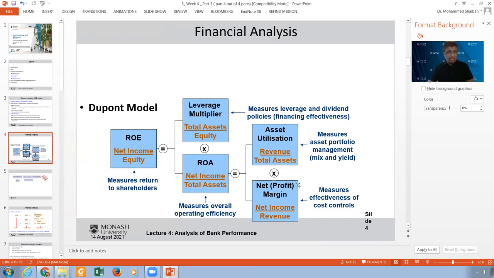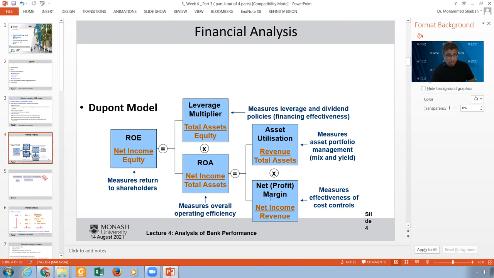But then, going down there, after that we will have something like gross profit, and then we will go to the admin expenses, and then to the tax, and then the net income.